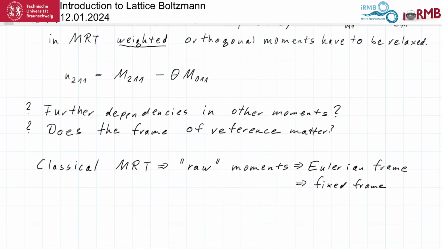So an alternative to this is to use moments not in the fixed frame, but in the frame that is moving with the material, so with the flow. And these then are using central moments. So we could write down a central moment MRT scheme.